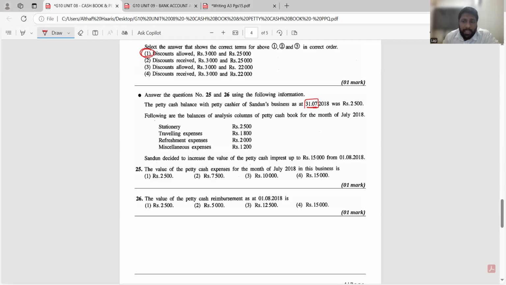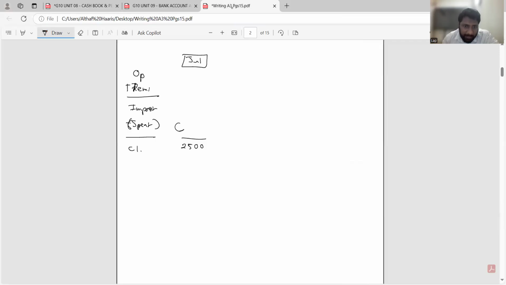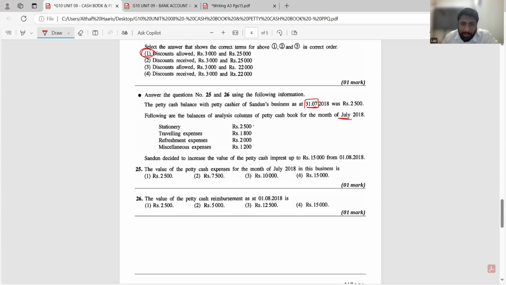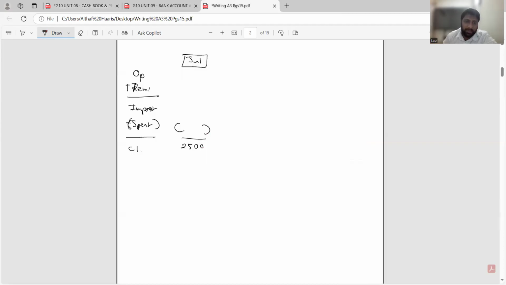Then the following analysis columns for the month of July. So July spent only they have given. So what's the total here? 2,000 plus 1,800, 4,300 plus 2,000, 6,300 plus 1,200, 7,500. The total spent in the month of July, 7,500.